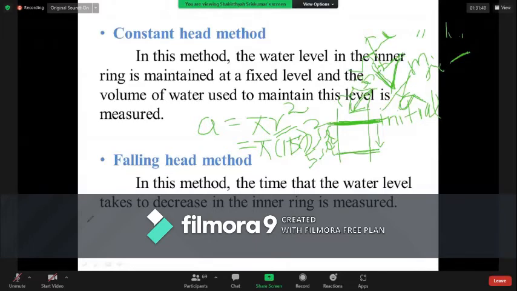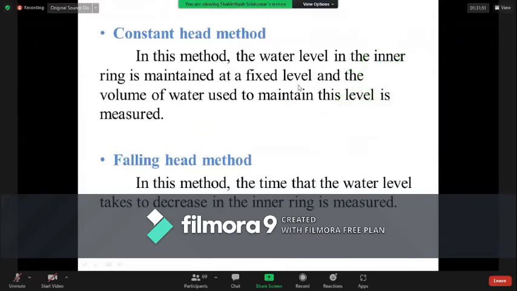So this is the constant head method. You have to maintain that water level at the same level. That is constant head. What is the falling head method? In this method, the time that the water level takes to decrease in the inner ring is measured. With the time, the height of water drop is marked. Once the water level reaches the bottom, at that time we need to refill.